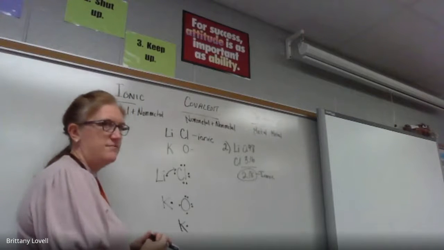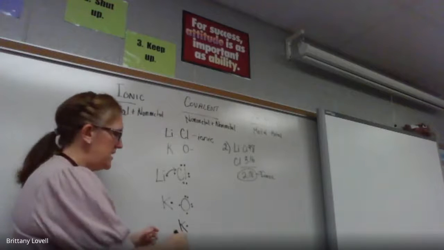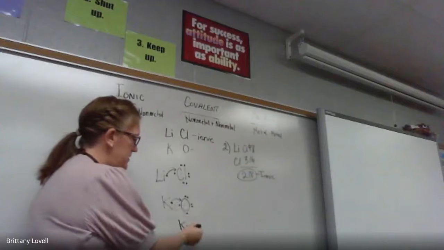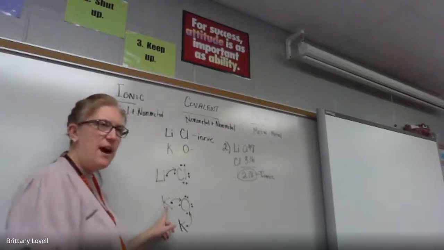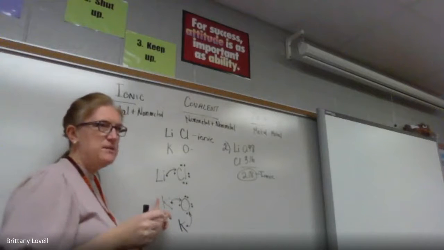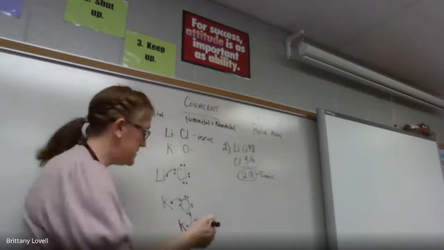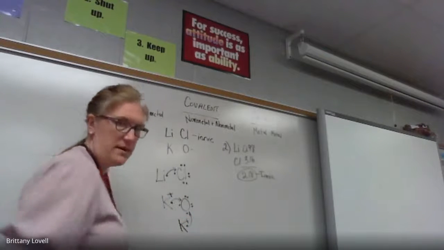And while we're here, so like on the K and the O, you have to draw an extra K in order to account for those two single electrons. Let me ask you this. So if K got rid of this electron, if you get rid of something negative, what happens to you? You become positive, right? So it would be a positive charge on this K and on this K, right?